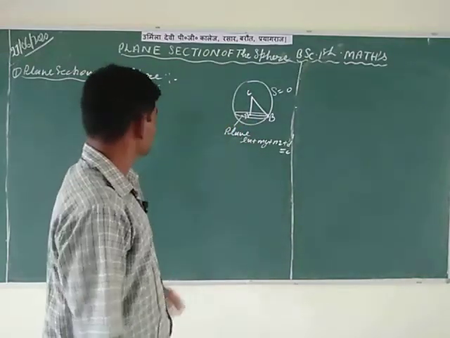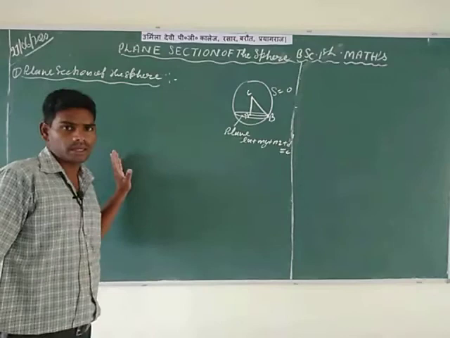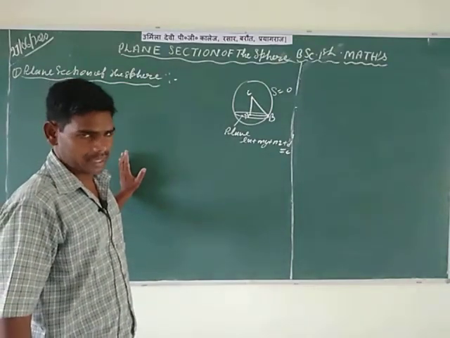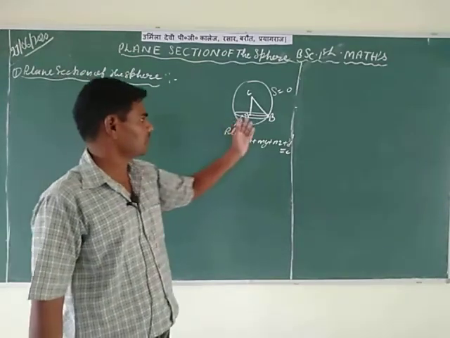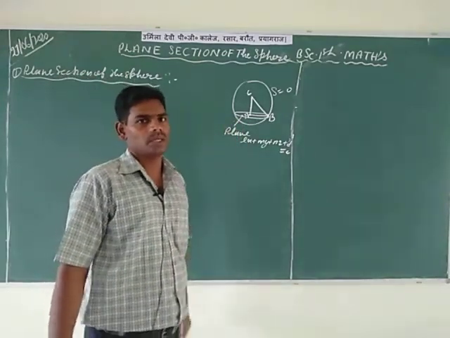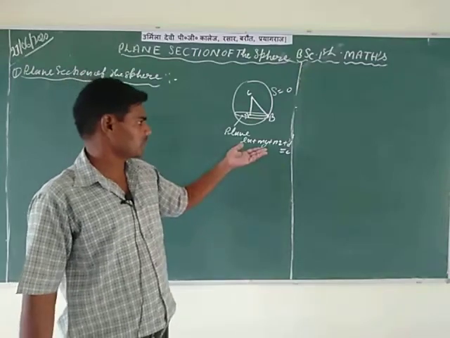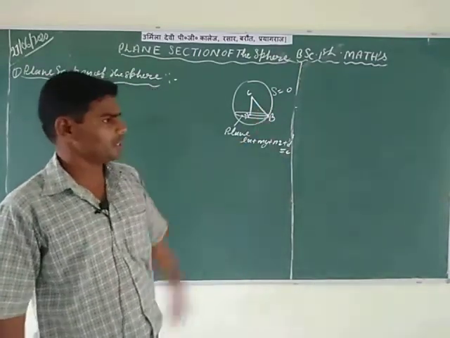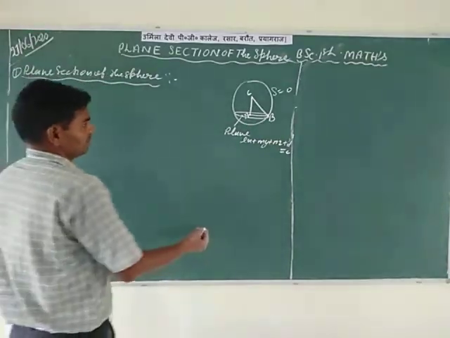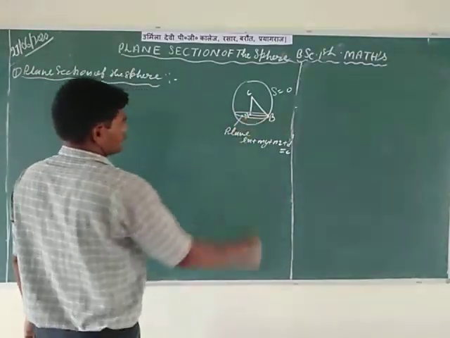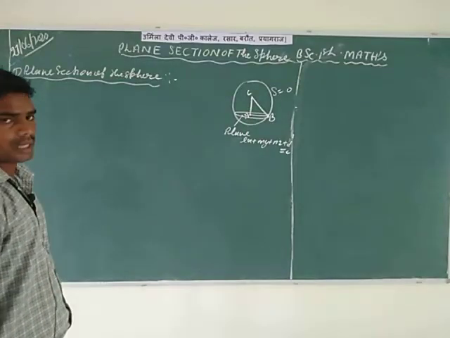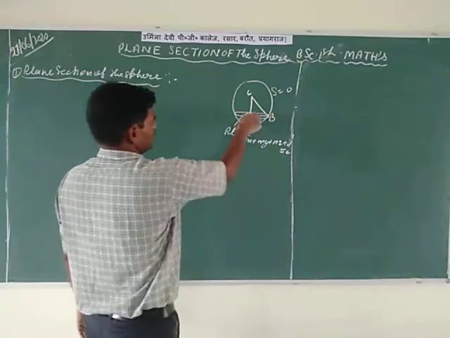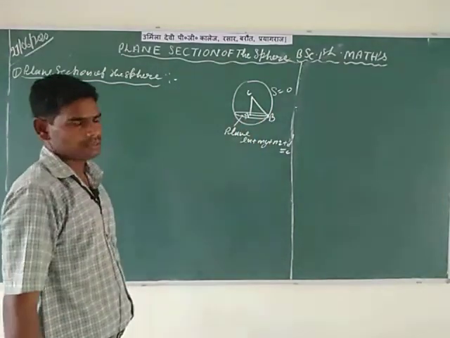So it is confirmed that if any sphere is cut by a plane, the result will be a circle whose equation is given by both equations, the equation of the plane Lx plus My plus Nz plus d and the equation of the sphere. You can very easily calculate the center coordinates and the radius of the circle, where AB is the radius and A is the center of the circle.